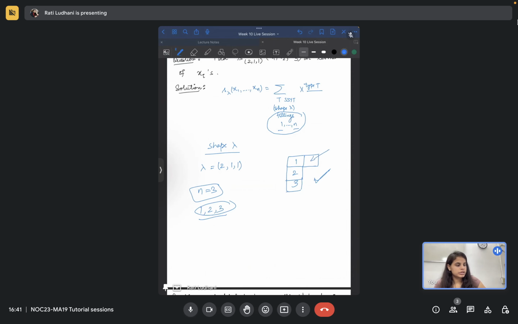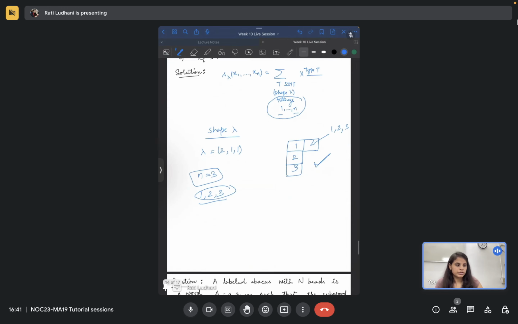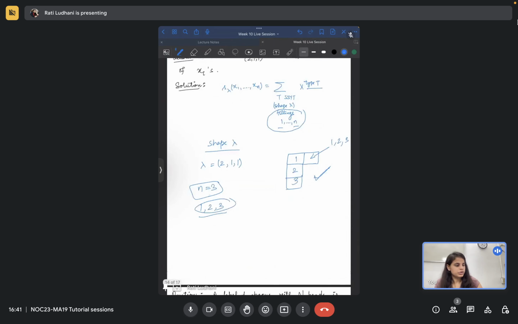Exactly, you can give either one, two, or three. With all these three, that's okay. So you have three options, you can keep anything.